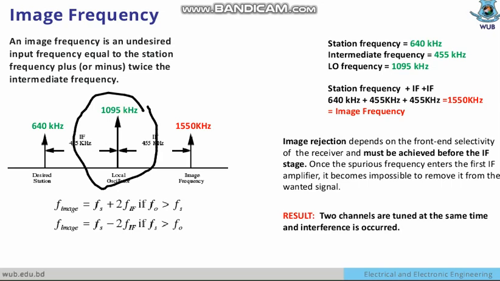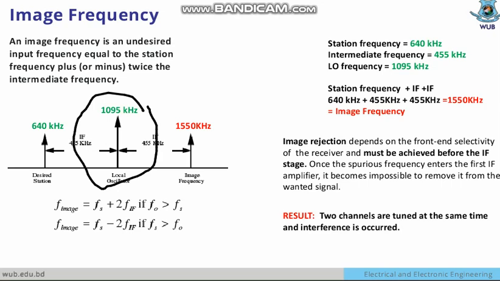That means the local oscillator frequency is the mirror side, symmetrical about the y-axis. So we can write F image is equal to Fs plus twice F IF, and F image can also be written as Fs minus twice IF. If Fs is greater than Fo, or if Fo is greater, the plus sign will come forward. So that's all for now for the image frequency.